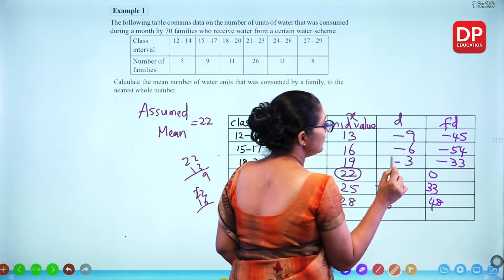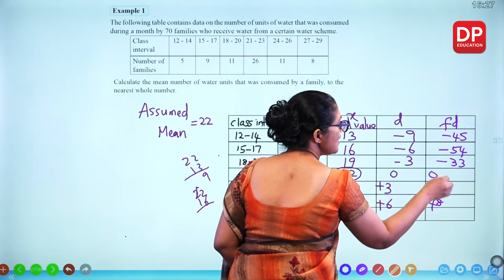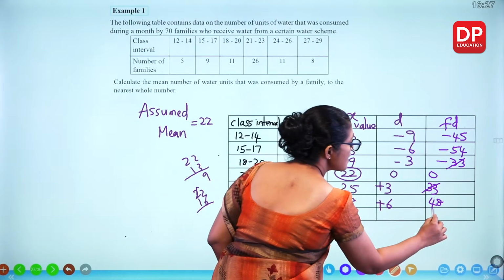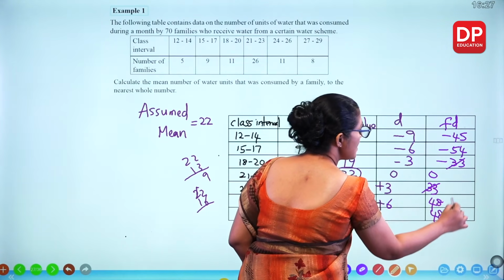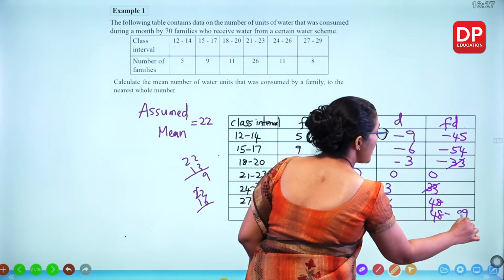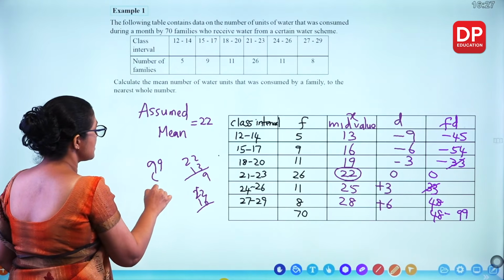Now add it together. When you are adding here, you can see 33, 33 get cancelled out, and we can add the other numbers. This is 48 and this is minus these two, 99. 99 and 48. What's the difference?